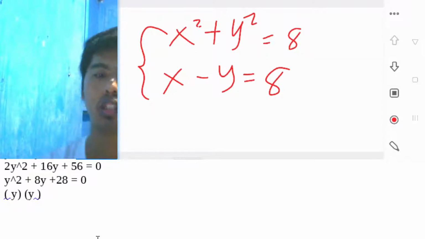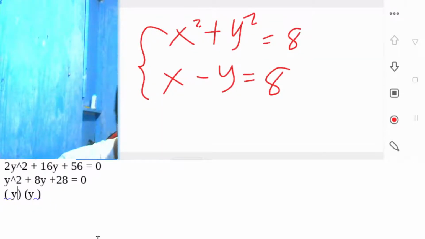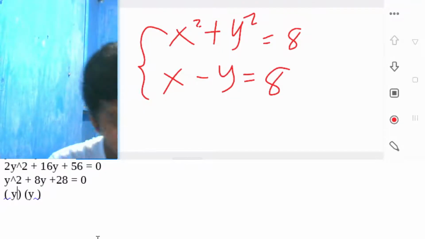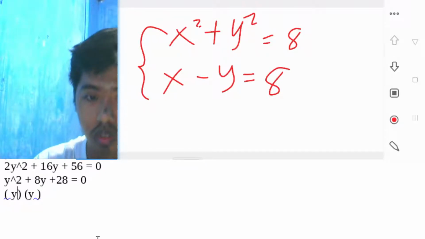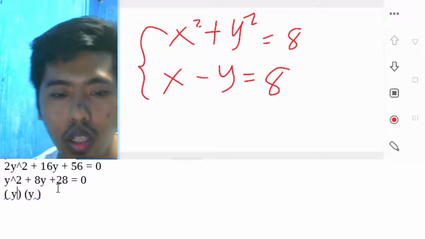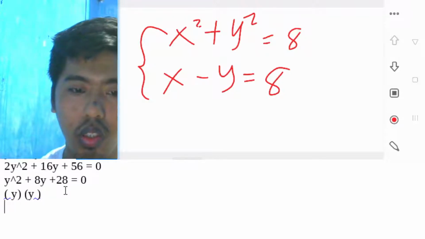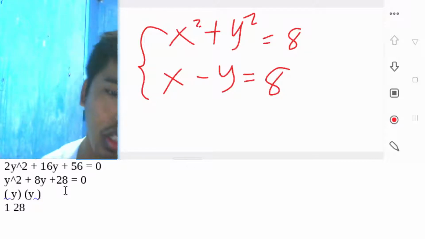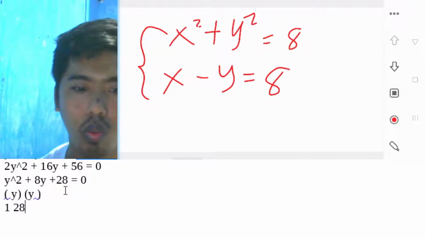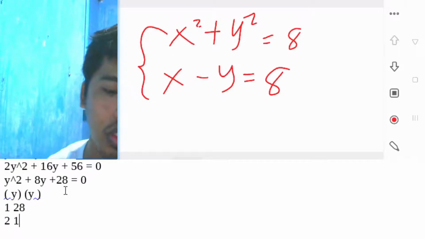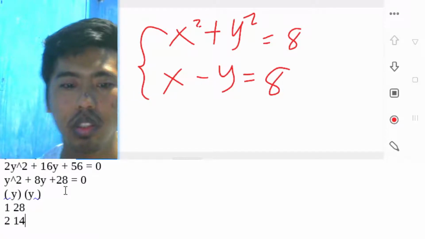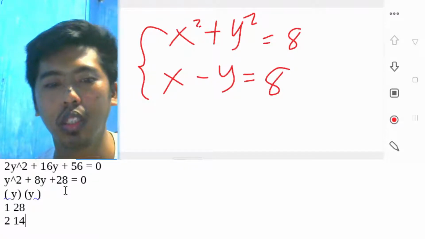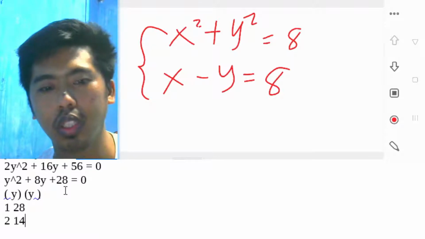So 28, what are those numbers that we can multiply to get 28? 1 and 28? Yes. Let me put that this way: 1 and 28, negative 1 and negative 28. What else? 2 and 14, right? 2 and 14, positive, and negative 2 and negative 14.